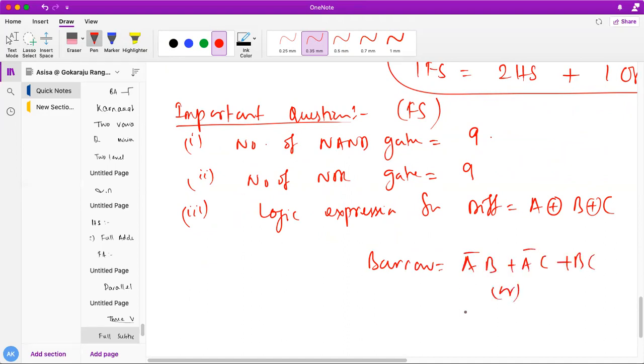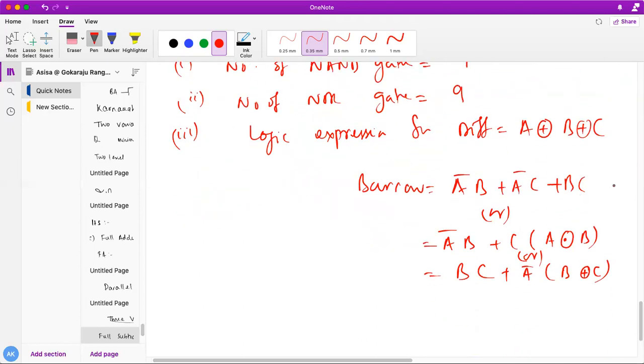Also we got A bar B or C A XNOR B. Also we got another equation, BC or A bar, B XOR C. So these are the three different equations we have got for the borrow. I have proved all these equations already, so don't worry. These all three are the equations for my borrow.